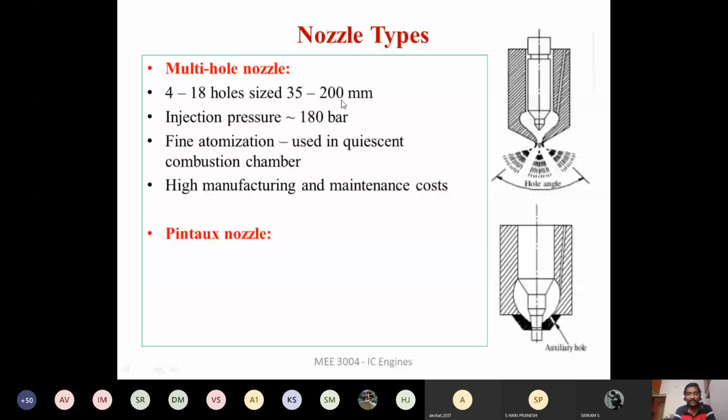And these multiple hole nozzles are usually used wherever we don't have air motion, in quiescent type combustion chambers. Quiescent combustion chambers are provided with multiple holes in order to have better mixing, right? So this involves more precision in the manufacturing of the fuel nozzle, as multiple holes are involved, and the maintenance costs are also going to be higher.